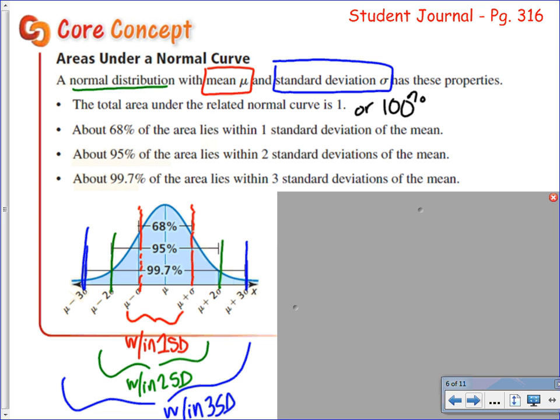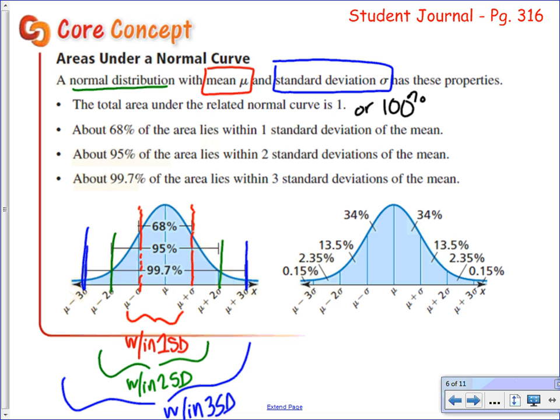Now, what I want you to look at next is that picture right next to this. And I would like you to think about, and if you want to share out some ideas with the people around you, I have the same curve. I have it broken up into lots of different sections, and I have new numbers there. Can you tell where those numbers are coming from?